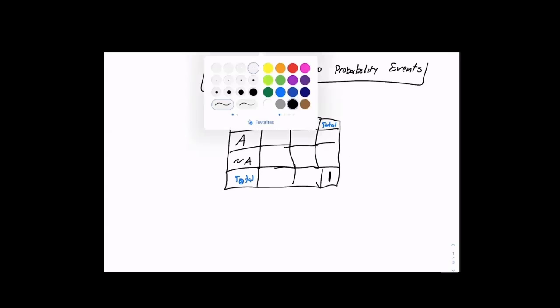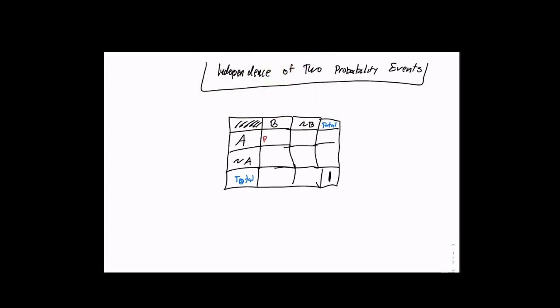And so, remember, we have the probability of A and B, the probability of A and not B, the probability of not A and B, the probability of not A and not B, the probability of A, the probability of not A on its own, the probability of B, and the probability of not B right here.